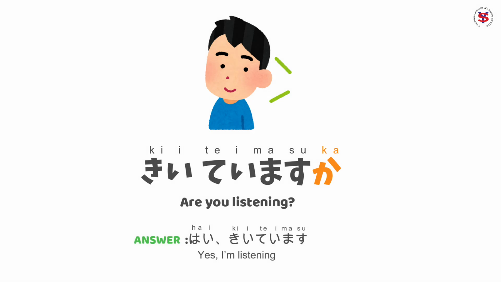So that's hai kiite imasu. Yes, I'm listening. And iie, kiite imasen. For no, I'm not listening. So, pag tinanong kayo ng sensei ninyo kung nakikinig kayo sa lesson, alam niyo na kung paano isagot.